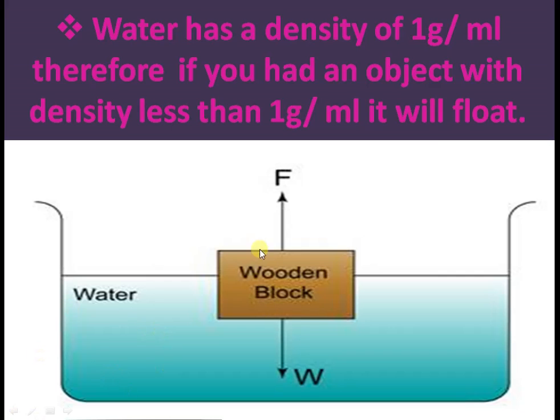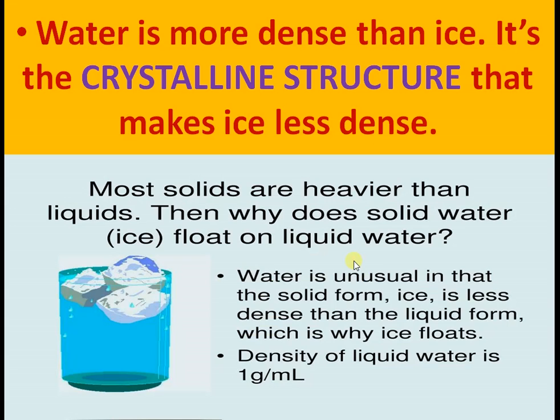What is the density of water? How much is the water density? 1 gram per ml. Water is more dense than ice. It is the crystalline structure that makes ice less dense.